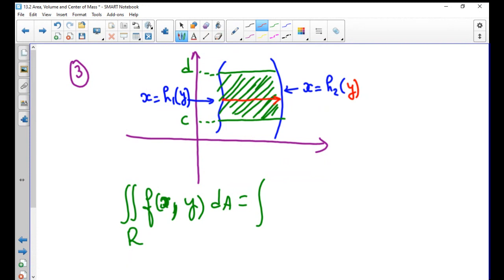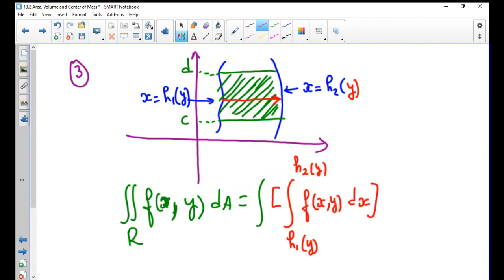So then we will integrate from h1 of y to h2 of y the function f with respect to x, and then we will integrate the result with respect to y from C to D, like this. That's the general idea that we had a look at last time.